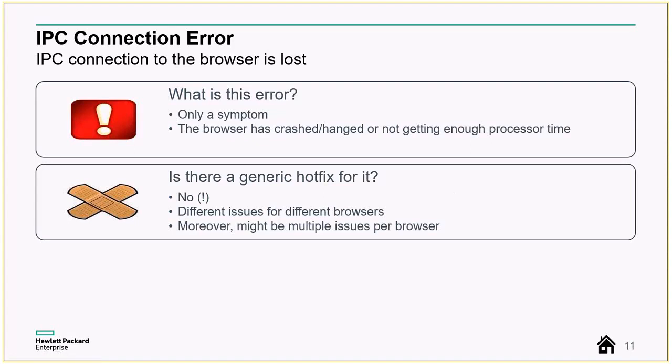We have 3 different browsers that we support. Each one of them has its own logic. And there might be many different use cases for which it will crash or hang or whatever. So there is no generic hotfix for it. Don't accept any hotfix without carefully validating that this is a real resolution for your issue.